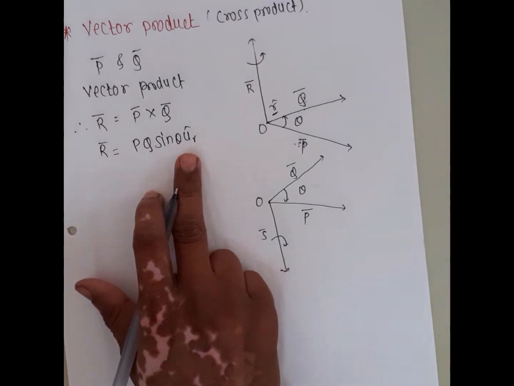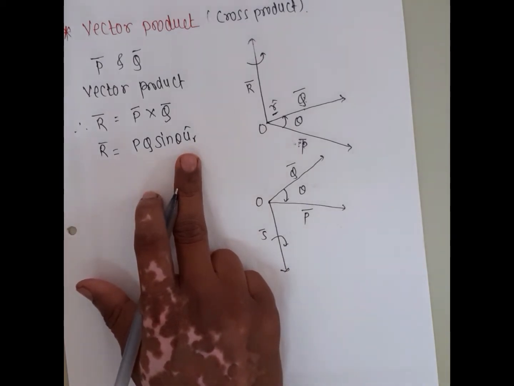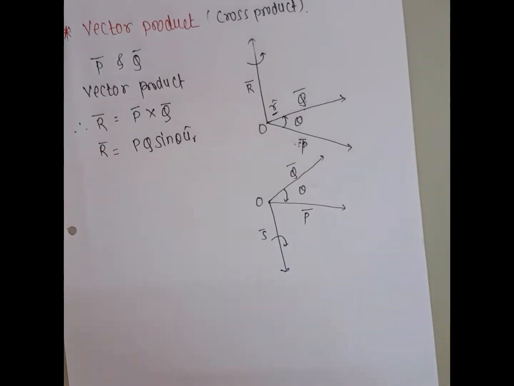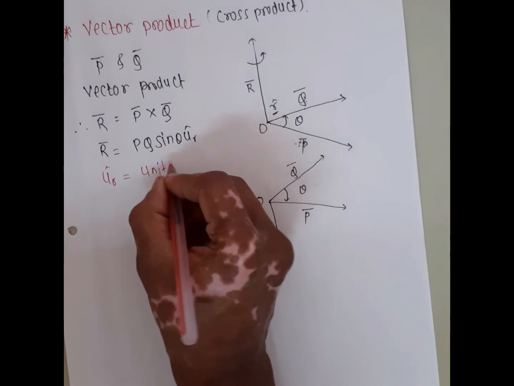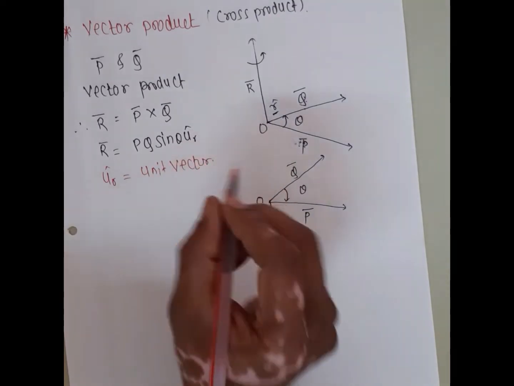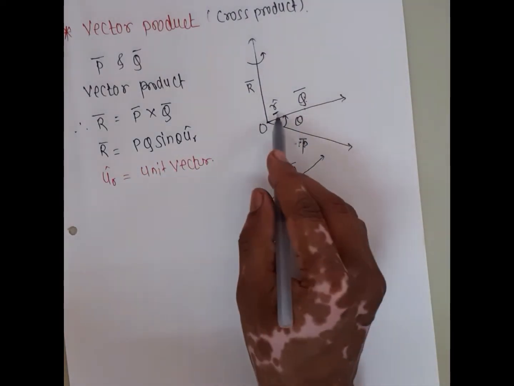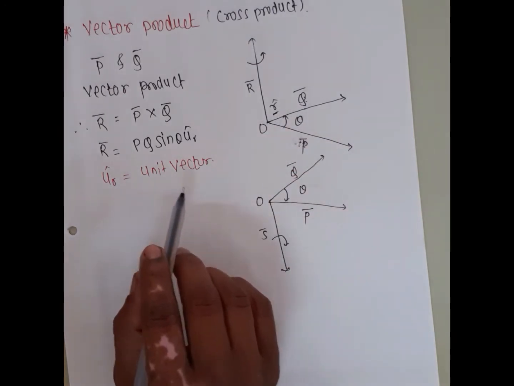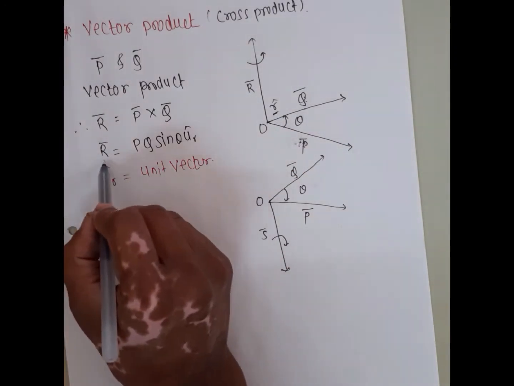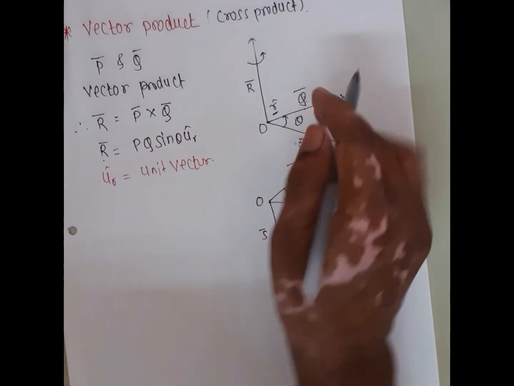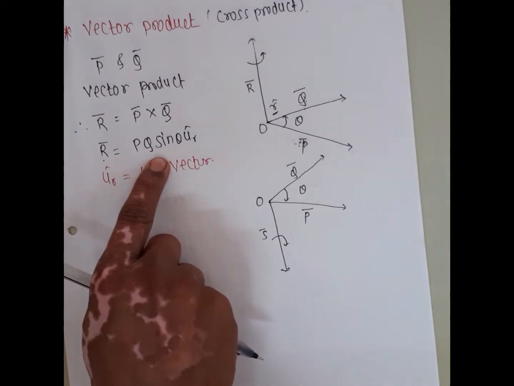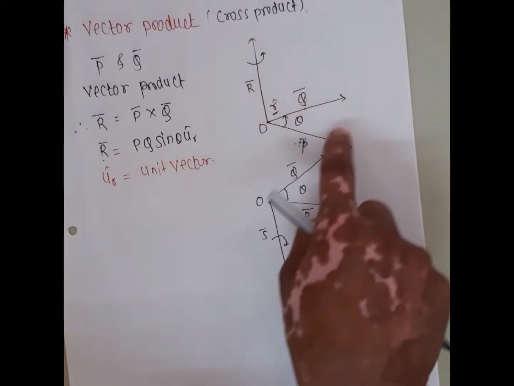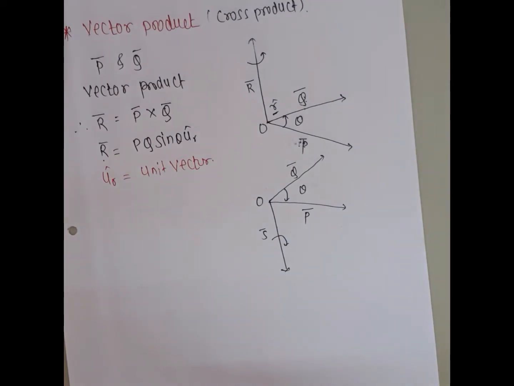Because u r cap represents a unit vector, which shows the direction of the vector. So r bar is represented by the magnitude in terms of sine theta along the unit vector. This is for one diagram.